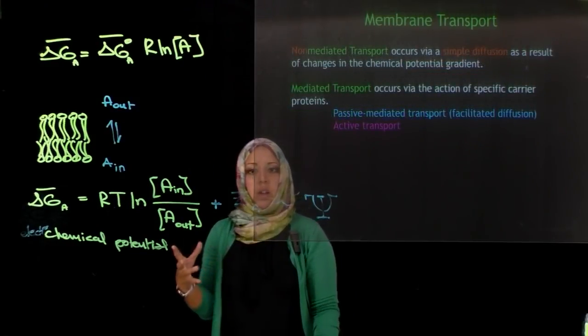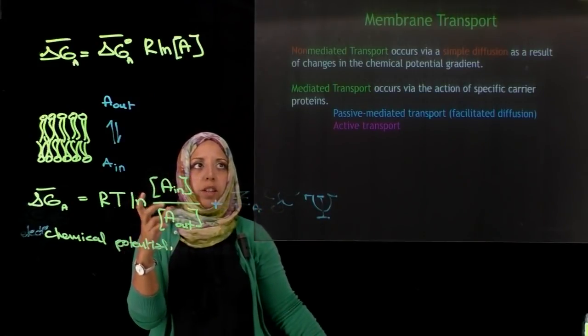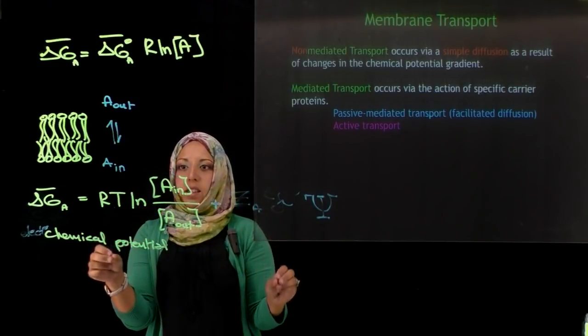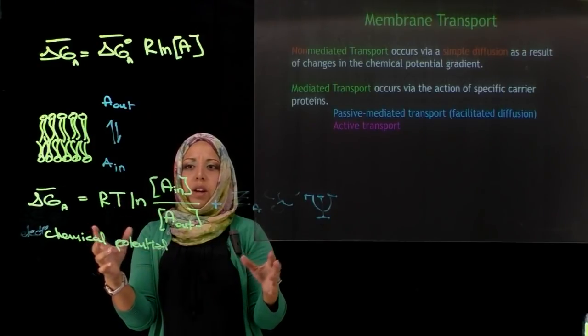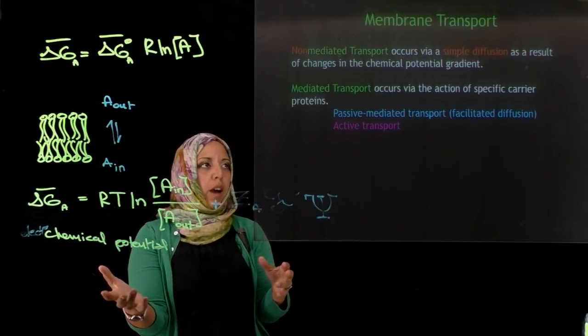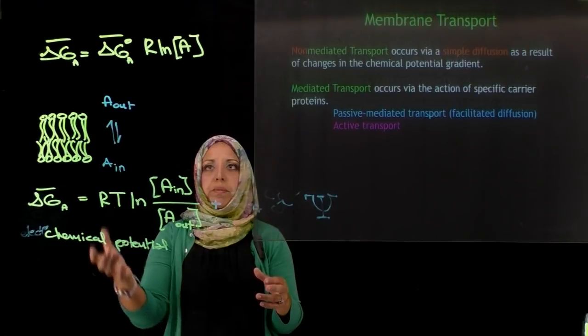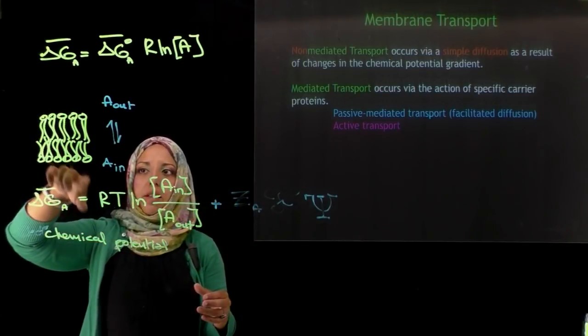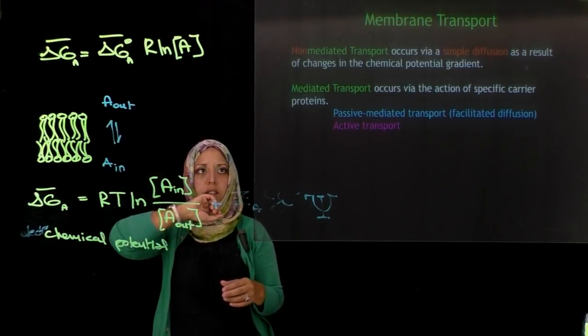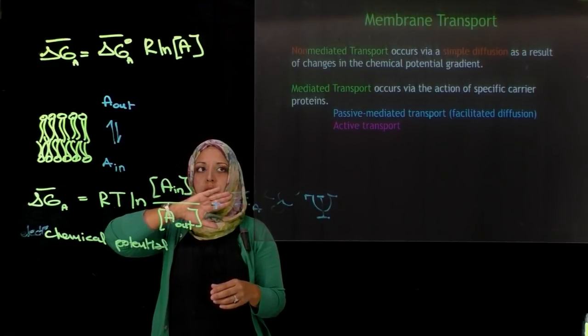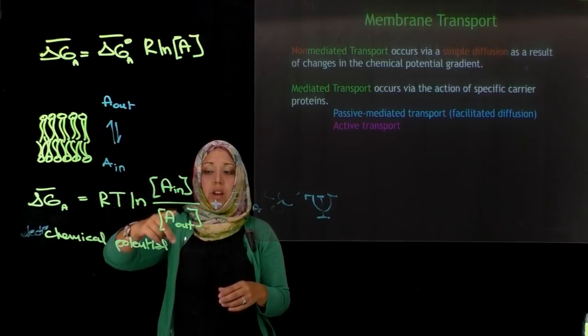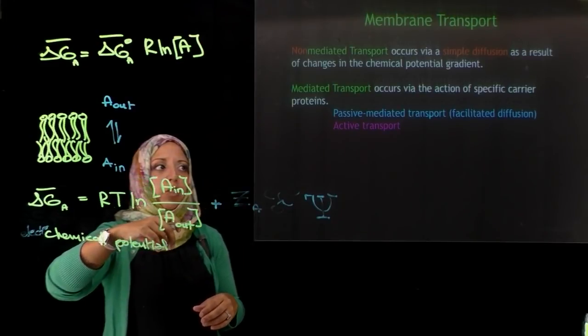Okay, so there are a number of different types of membrane transport. One is known as non-mediated transport, or what we refer to as simple diffusion, where molecules could simply diffuse across the membrane. One is known as mediated transport, and those occur via the action of proteins.